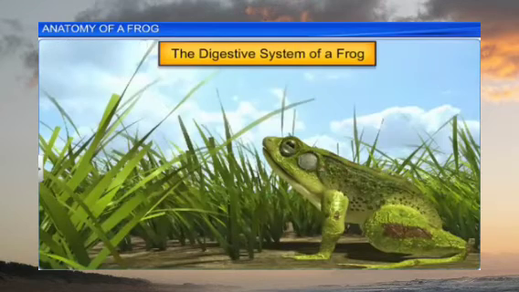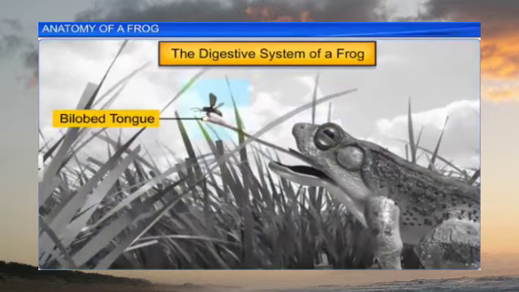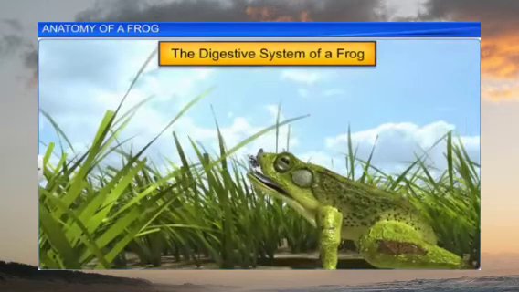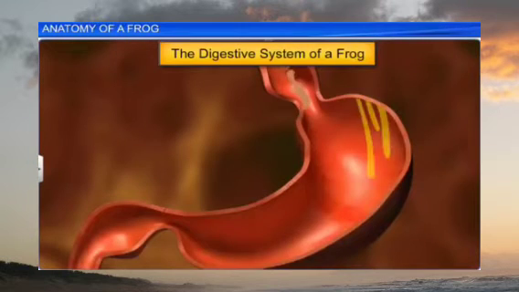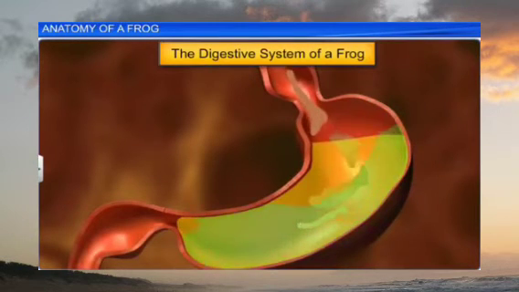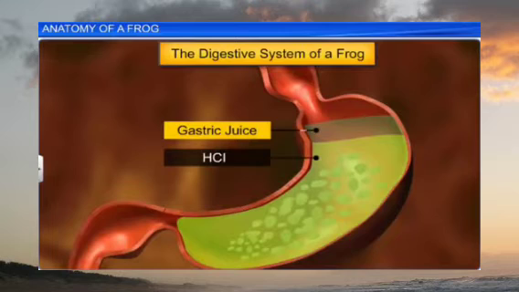A frog uses its sticky, bilobed tongue to catch prey or food. As the food passes through the stomach, it is partially digested by hydrogen chloride or HCl and gastric juices secreted by the walls of the stomach.